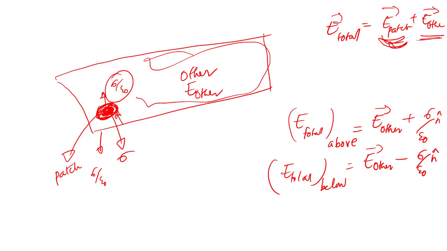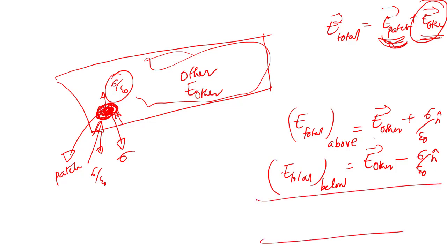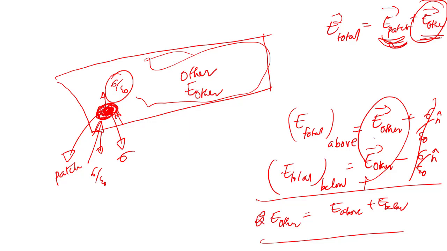But to calculate the force on the charge located within the patch, we need to know E other. If I add these, these terms cancel out, and I get twice E other is equal to E above plus E below. Or this 2 goes there and you get an average.